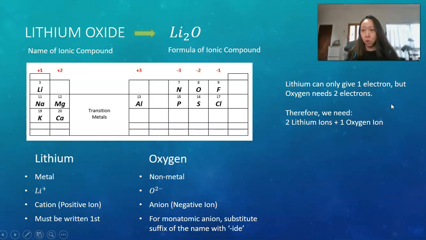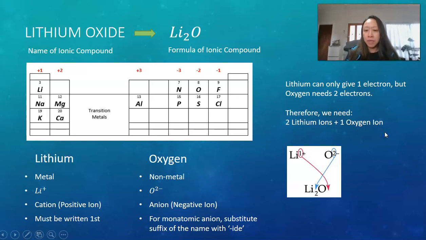So how are we going to solve this problem? Yes, you are right. We need 2 lithiums, because 2 lithiums will give 2 electrons, which the 1 oxygen needs. That's why we need 2 lithium ions and 1 oxygen ion. Because of this, we write the formula as Li2O.